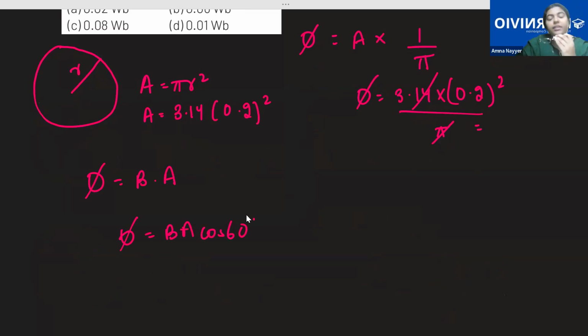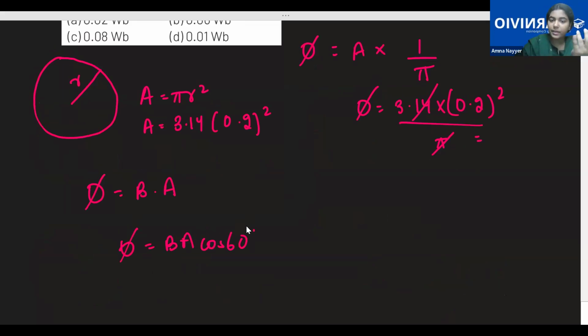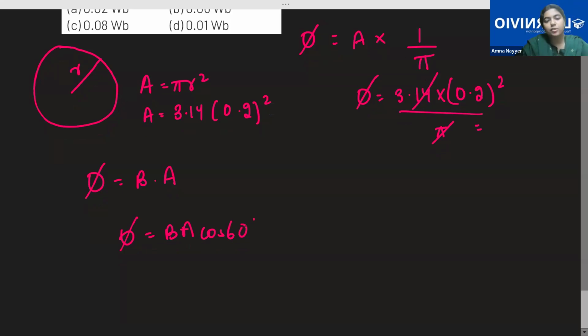So magnetic field 1 by pi, you'll have to multiply the whole thing with cos 60 degree as well. Whatever we have got, I forgot to multiply it with this half. So cos 60 degree will be half.